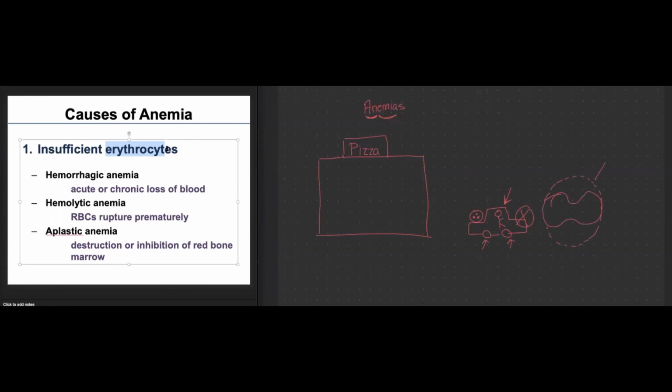So spherocytes are not going to be able to tolerate the amount of stress applied as I pass through the capillaries. So they are going to be ruptured easily. So here I have high rate of breakdown of the red blood cells. This is what we're going to be considering hemolytic anemia.